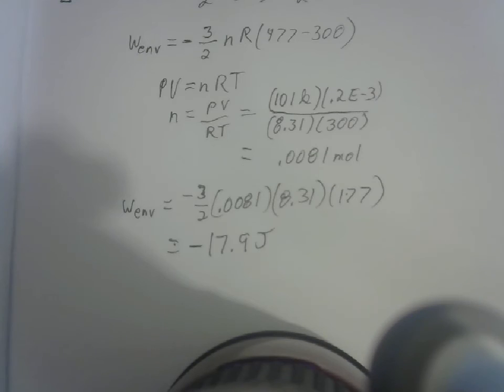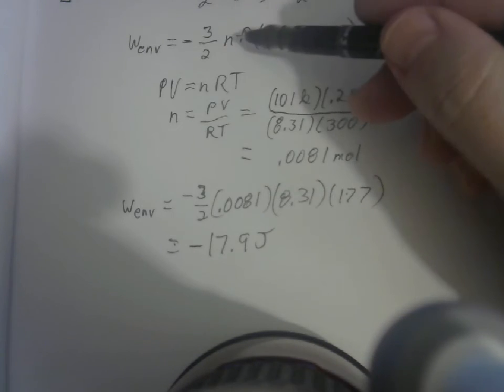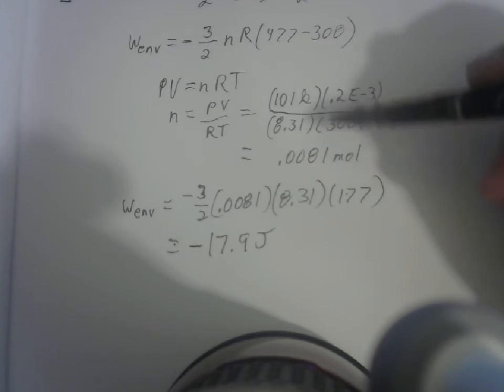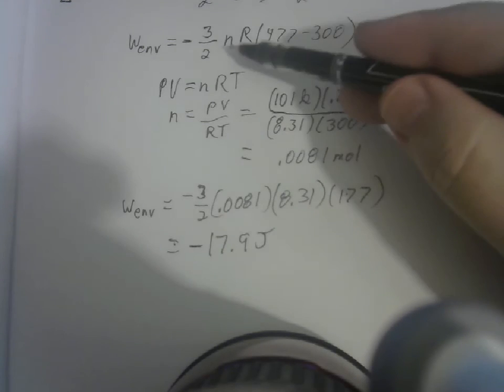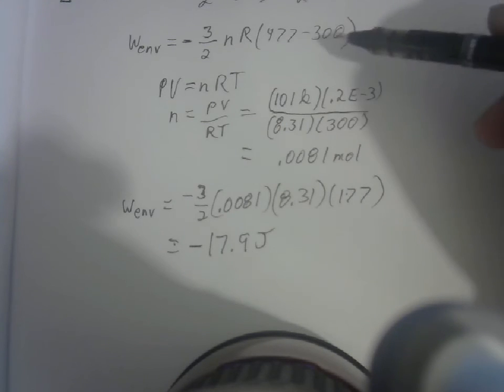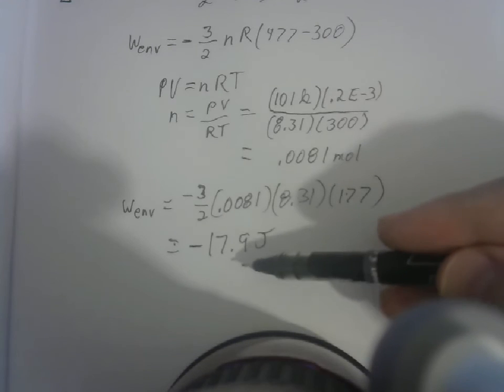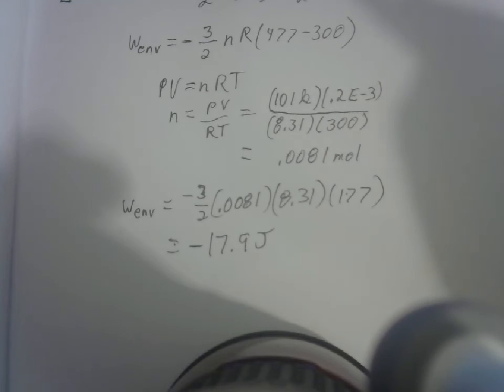And now that we have the number of moles, we can plug that back into 3/2 times nR delta T, and we end up with negative 17.9 joules. So work is actually done on the gas in shrinking it.